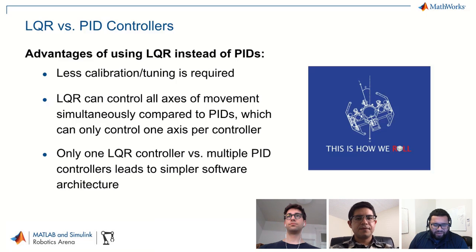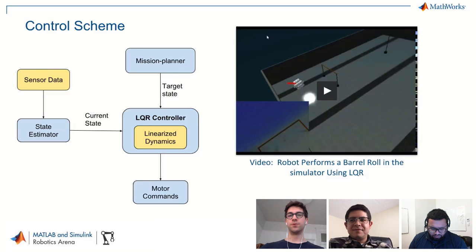The way our system works is it's basically a collection of nodes that are independently talking to each other. The flow of data goes from our sensors to our motors. To do this, we have multiple inputs: our sensor data, and our mission planner. What an LQR controller takes as input is the current state and the target state.